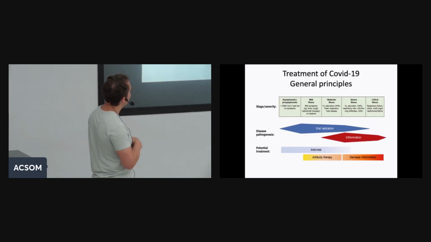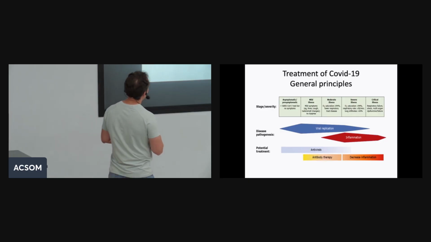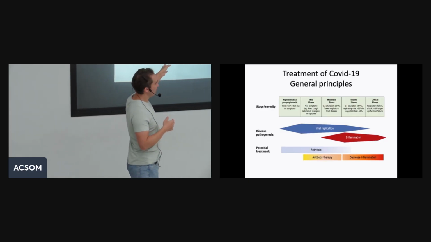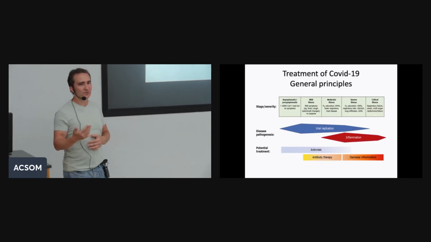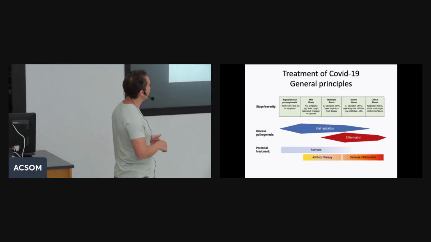It goes down, and then inflammatory problems may arise. When there is viral replication, you may use antivirals, which would not be very effective 2, 3 weeks after the start of the infection.